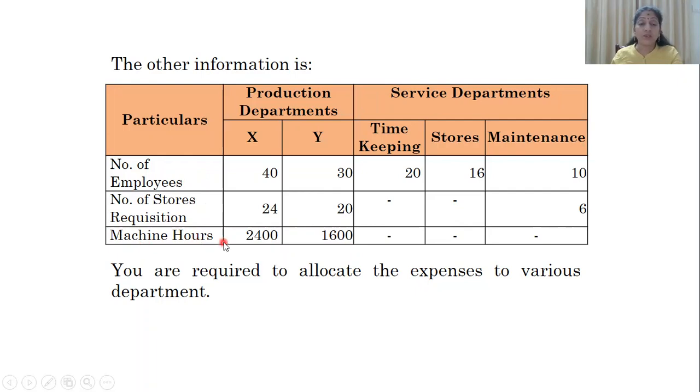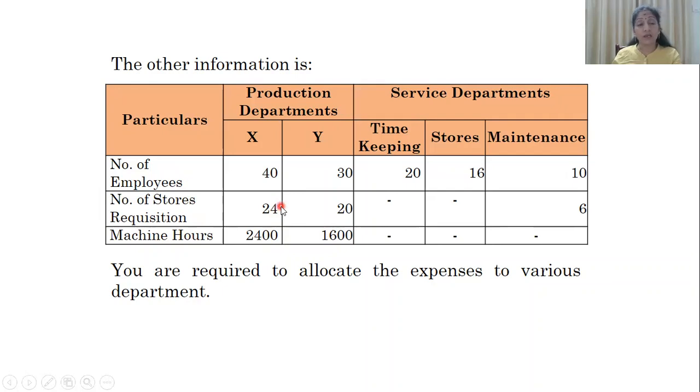Third one, machine hours, gets the third preference: 2,400, 1,600. Why? Because there are only two proportions, to the production departments. Here, number of employees we consider first, number of stores requisitions second, then machine hours third. The sequence is already fixed. There is no issue.